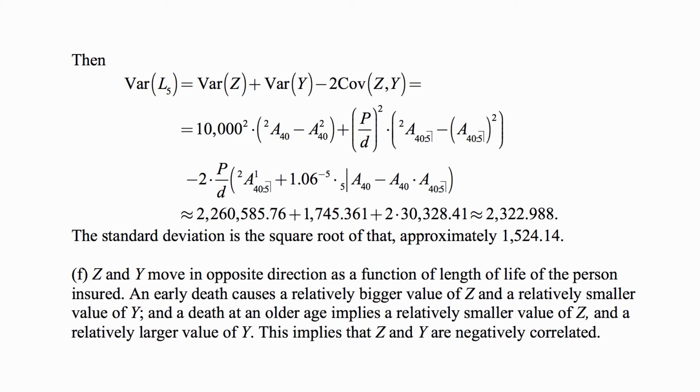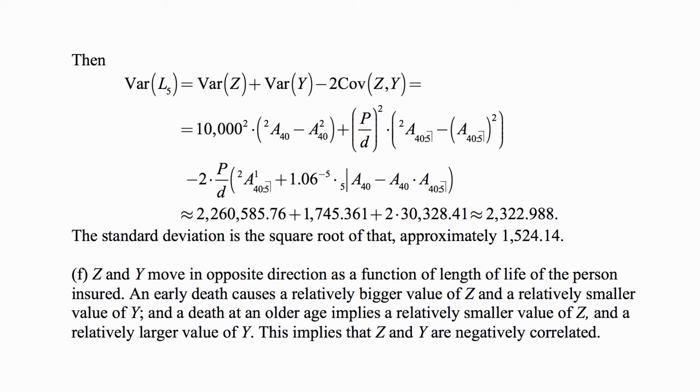We plug in all the numbers we actually calculated. And note that the covariance we calculated was negative, so now multiplied by this negative number here becomes positive. And so the variance of L5 is 2,322.988. The standard deviation is the square root of that, approximately 1,524.14.